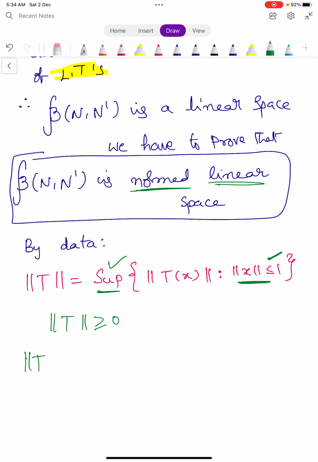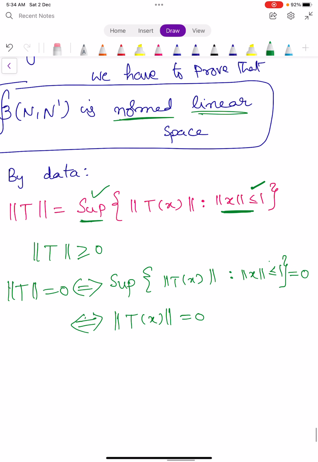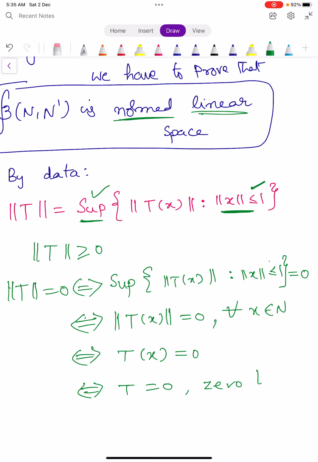Further, norm T is equal to 0 if and only if the supremum of norm T of x such that norm x is less than or equal to 1 is equal to 0, if and only if norm T of x is equal to 0 for all x belonging to N, if and only if T of x is equal to 0, if and only if T is 0, which is nothing but the zero transformation.